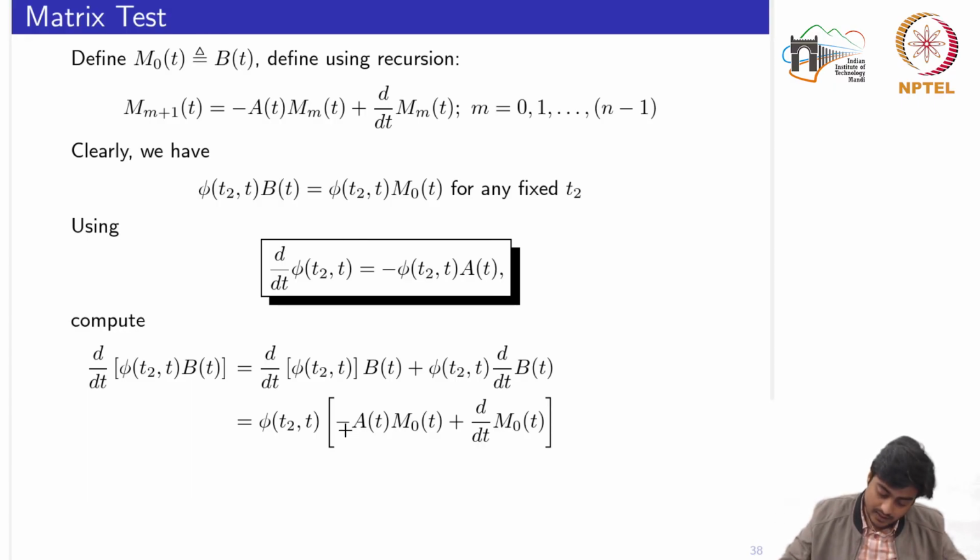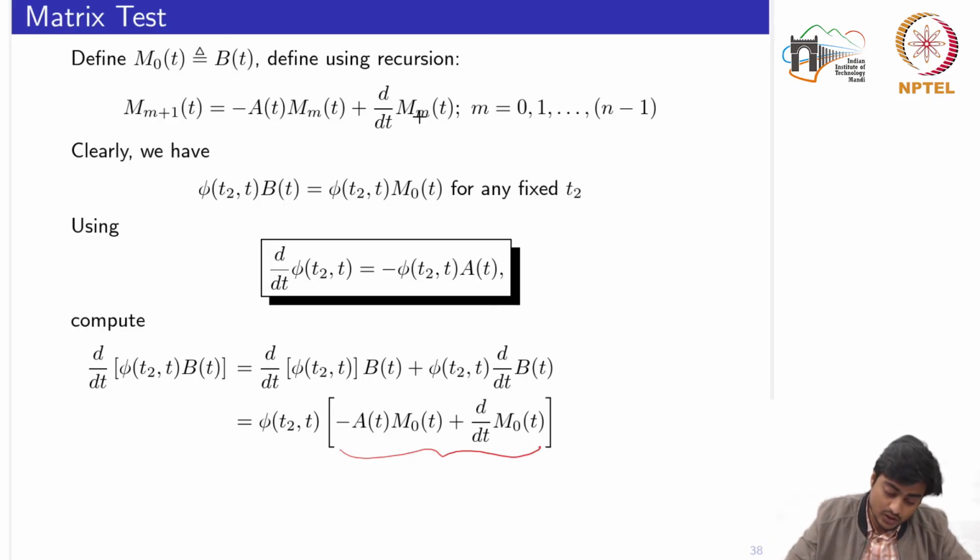Substituting all those in this equation, I finally write this simplified one, where I have taken the state transition matrix common out. Notice that this whole term is nothing but your M1.